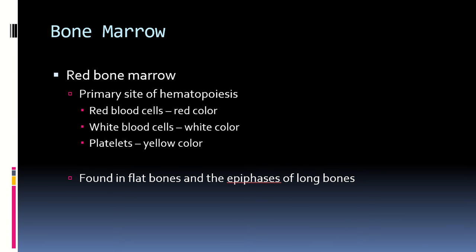It's red because of the large abundance of red blood cells that are being produced there, but also white blood cells are being produced. These are the immune system cells, and in truth, the only true cell of the blood cells. And then there are platelets also being produced.